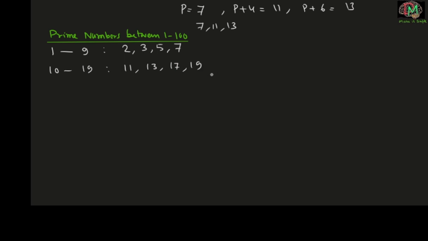Up to this it is very easy to remember, but next you just follow my rules so that you can easily remember this. From 20 to 29, you have to check only the unit digits, either 1, 3, 7 or 9. Why?